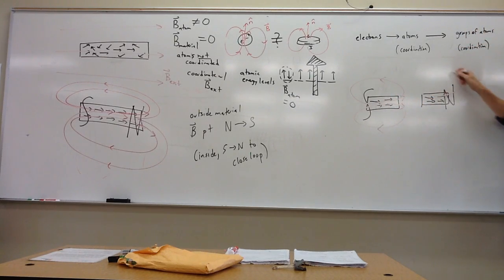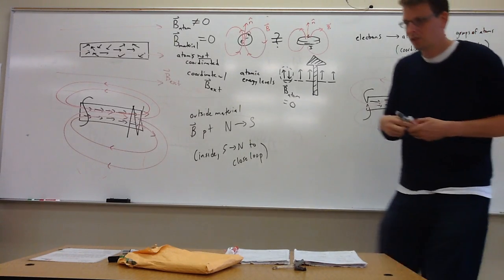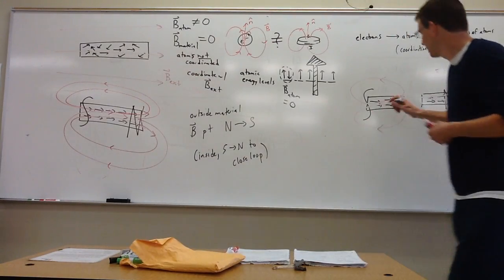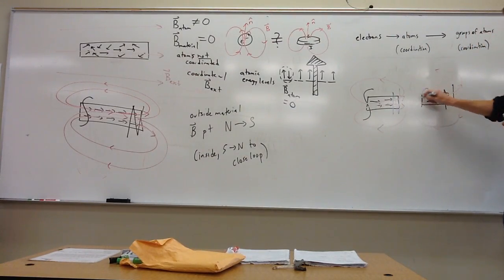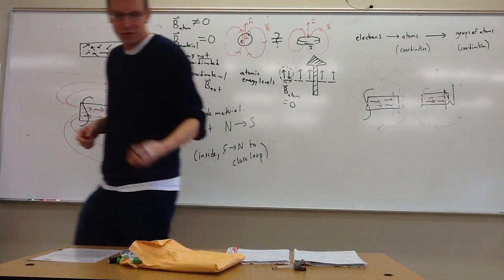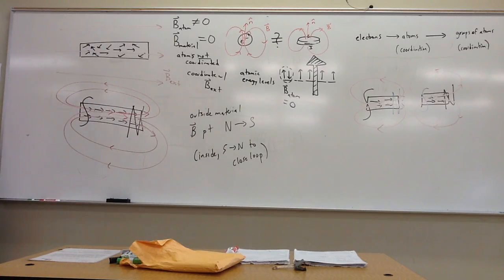And the magnetic field of this looks like this. Oops, that's the wrong way. So in place of it, you now have a new North Pole here and a new South Pole here. You cannot ever get one of the poles alone.